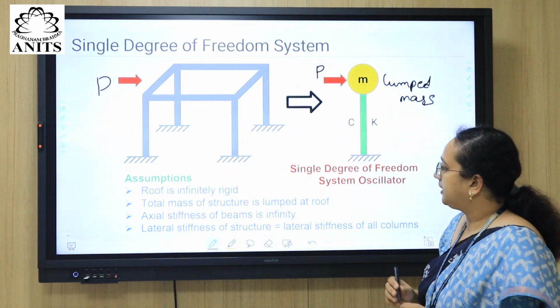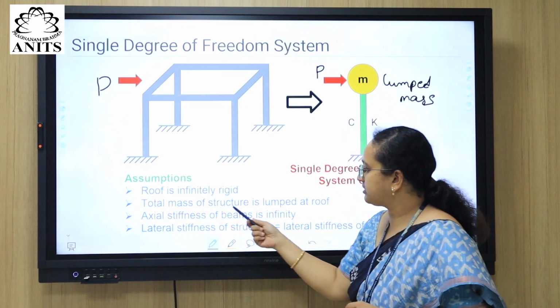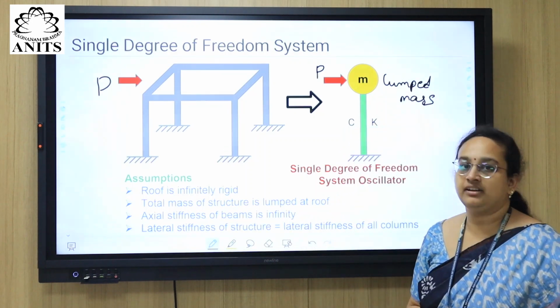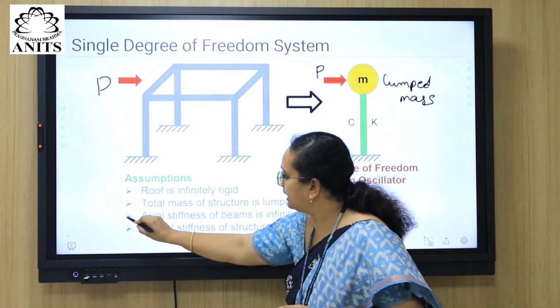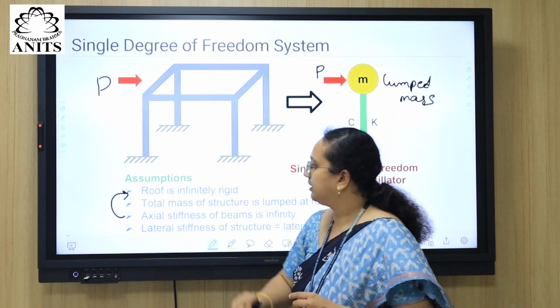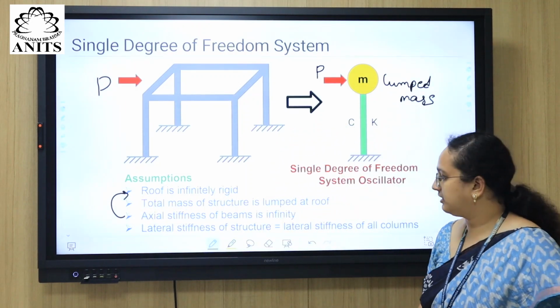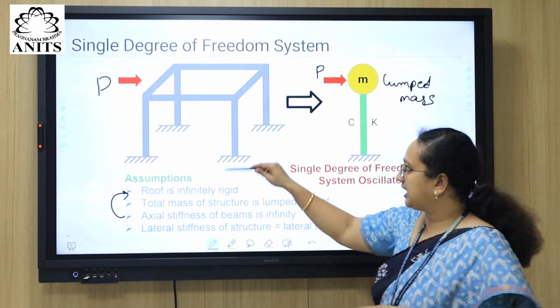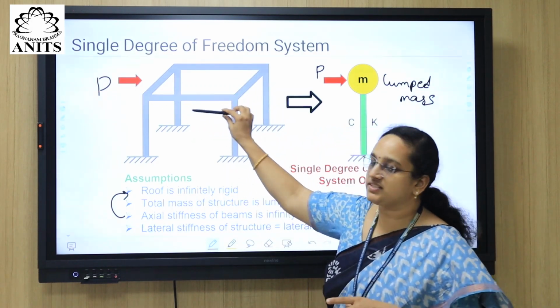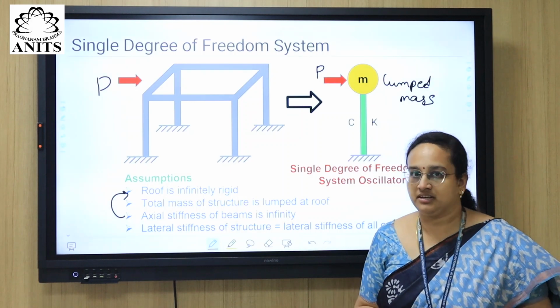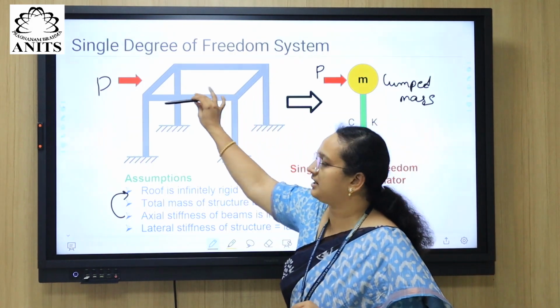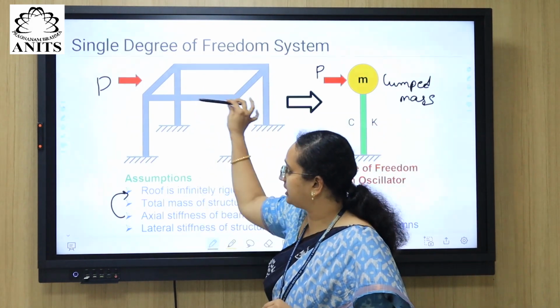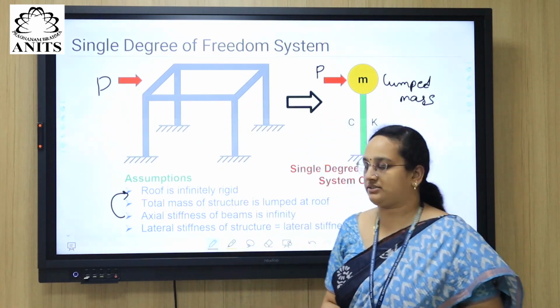Now, axial stiffness of beams is infinite. This is actually linked with the roof being infinitely rigid. What does it mean? That means internal deformations in the beam are not possible. We are restricting the internal deformations. Axially, internal deformations are restrained.